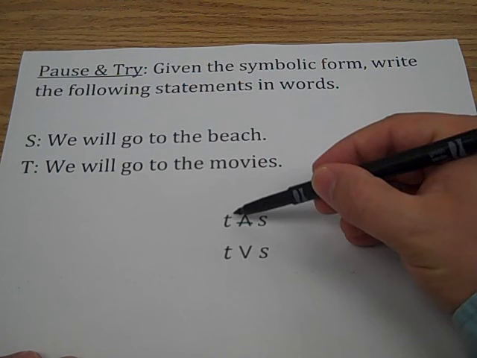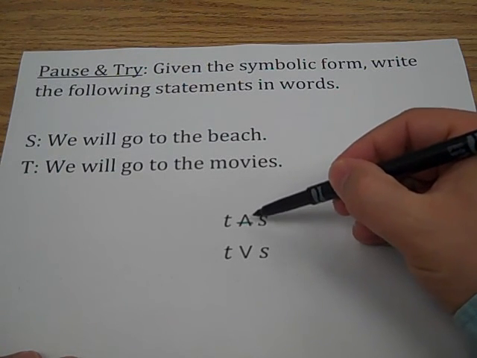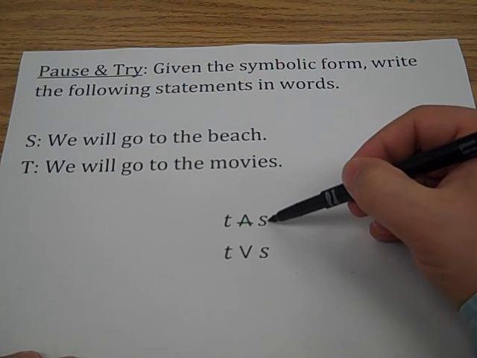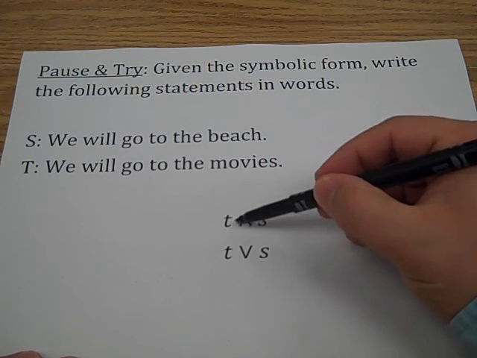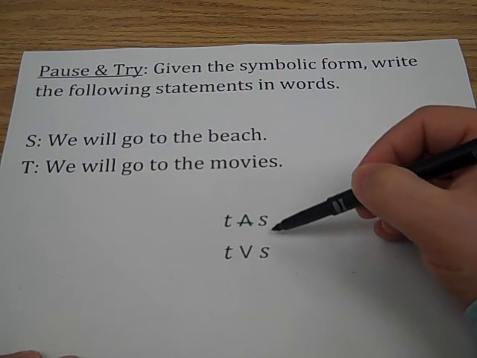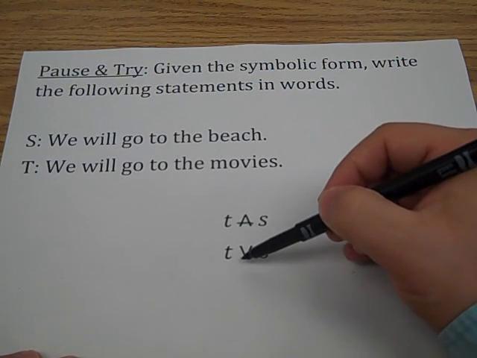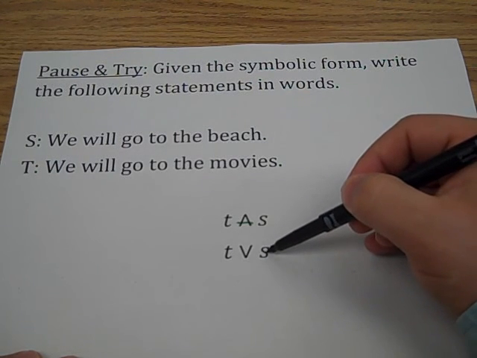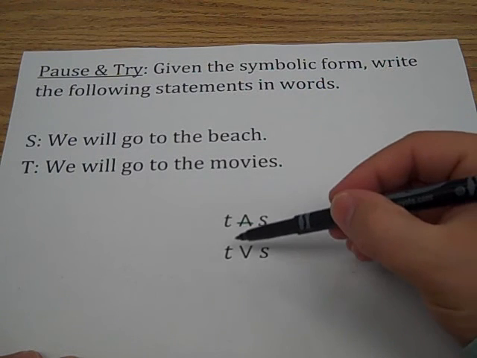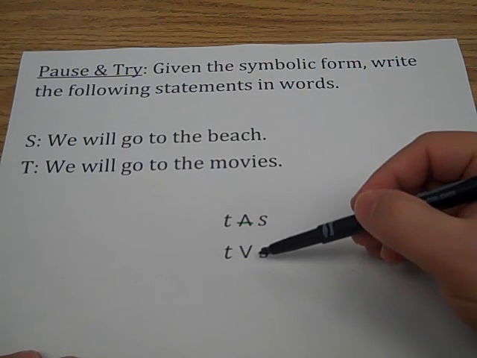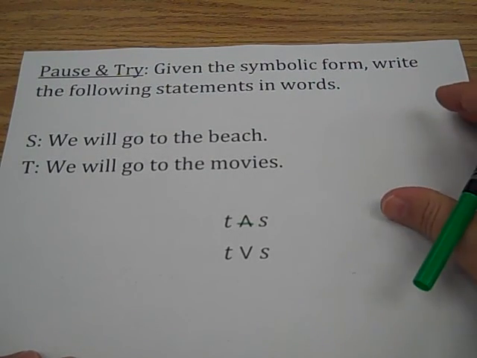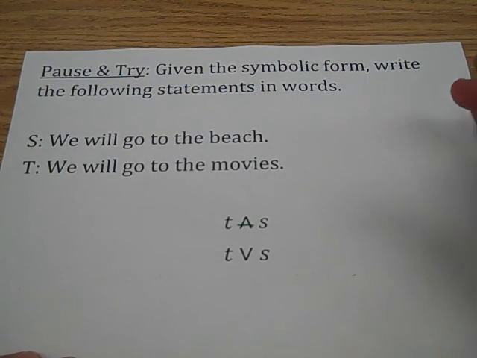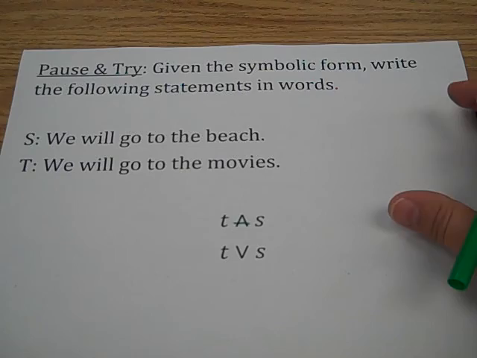We will go to the movies, and we will go to the beach. So your answer should be, we will go to the movies, and we will go to the beach. Here I have T or S, so your answer should be, we will go to the movies or we will go to the beach.